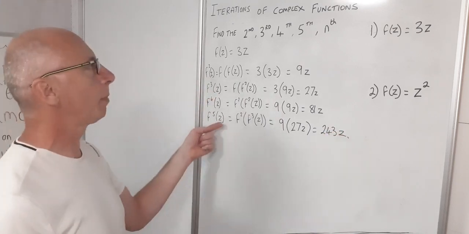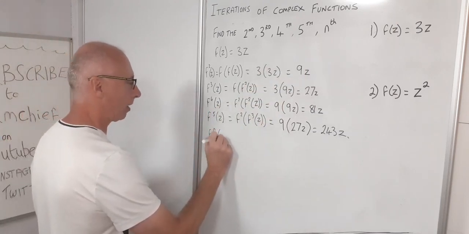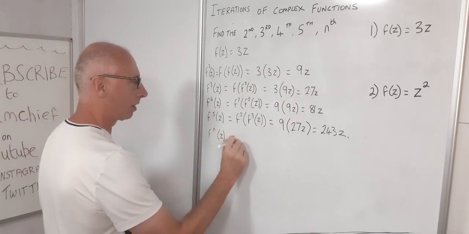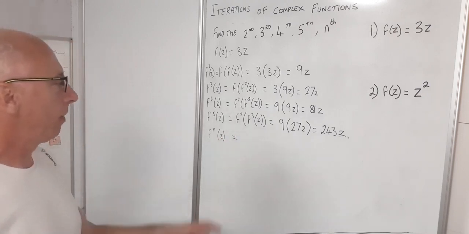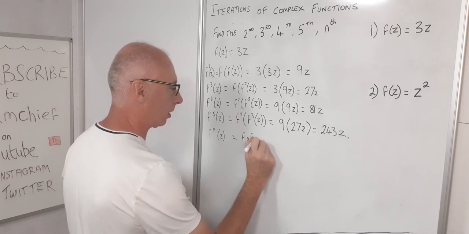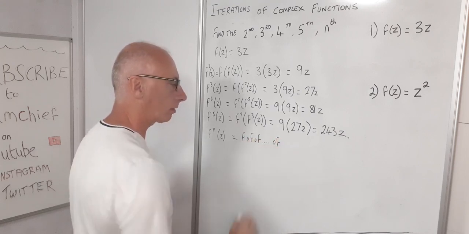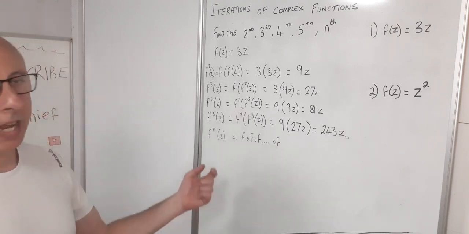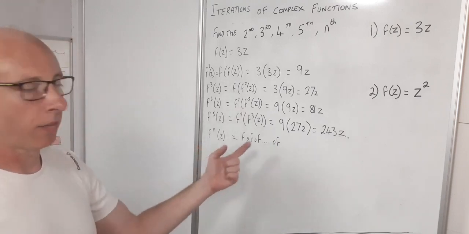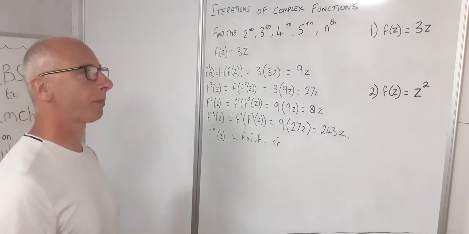Okay, what about the nth term? So fn of z. Now for this one, we want f circle f and so on, circle f. That's our nth iteration of that, where n is obviously any number up to whatever one you want to choose.